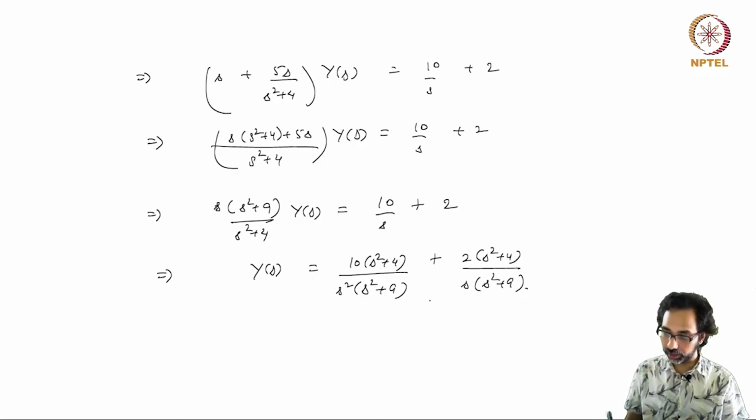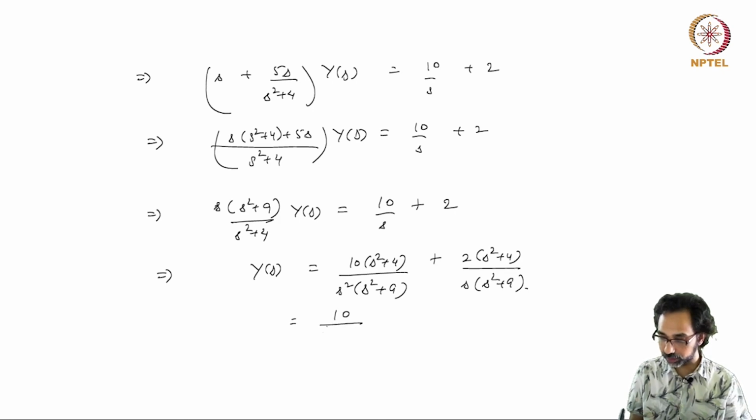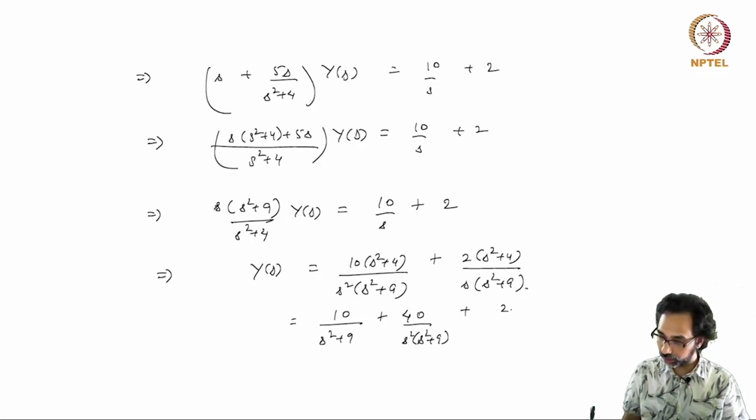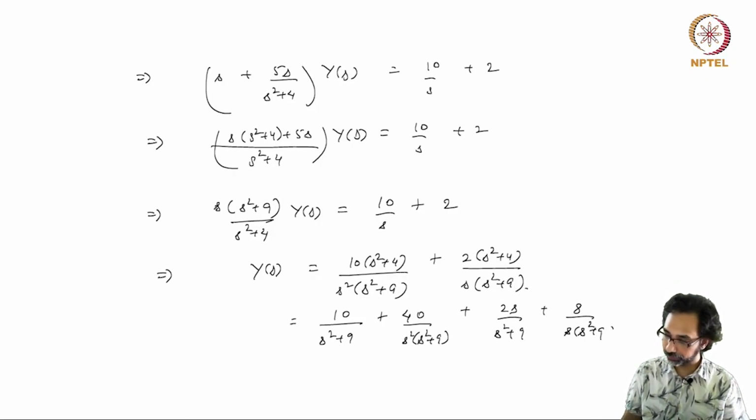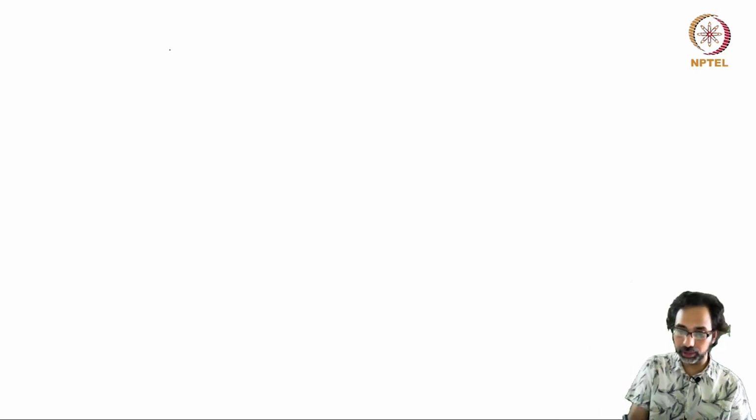And now you can invert it term by term, because the first term is 10 over s squared plus 9, the second term is 40 over s squared times (s squared plus 9), then you have 2s over s squared plus 9, and then you have 8 over s times (s squared plus 9). If you invert this, you get the solution y(t).